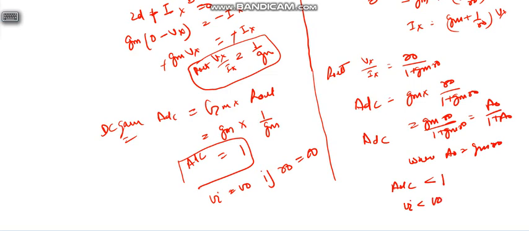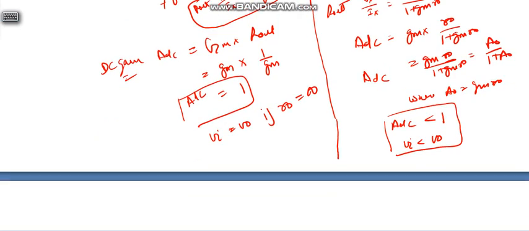So there is attenuation, and you can say Vo follows Vi, but there is attenuation in amplitude. So this circuit, common drain, is known as source follower. If Ro is very high, then Vo fully follows the input. Thank you.